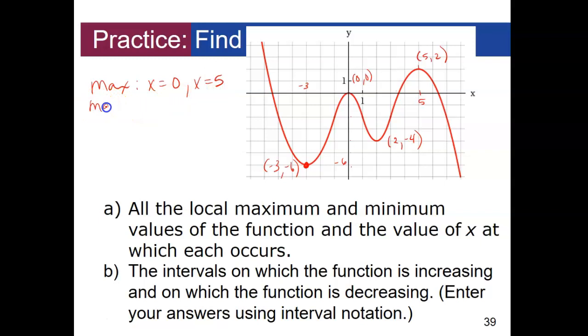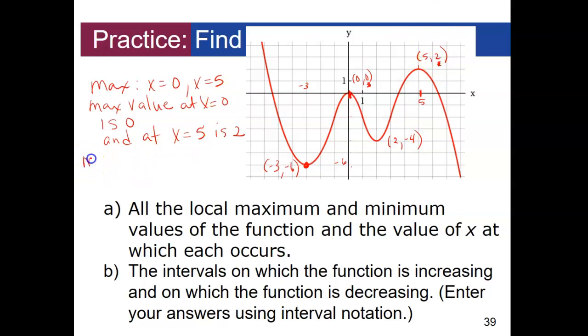And the maximum value at x equals 0 is 0, and at x equals 5 is 2. Remember, on the very first slide we said that the value is the y part of that.